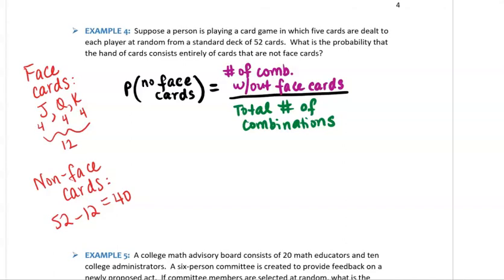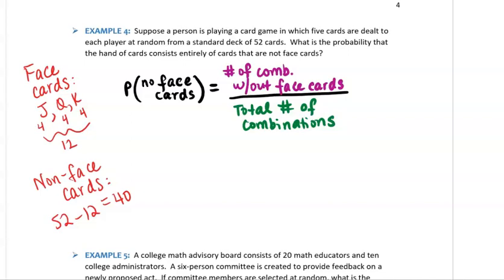This is an example of a probability question involving combinations because we're dealing cards. No card is going to appear more than once, and the order of the cards in your hand does not matter. So we want to find the number of combinations of 5 cards taken from the 40 non-face cards.